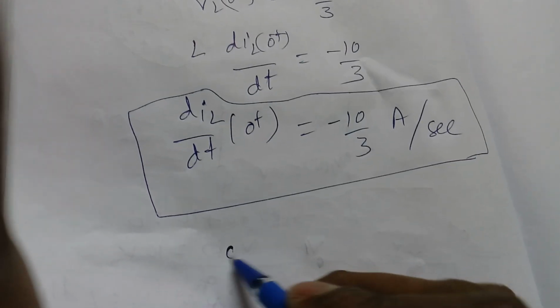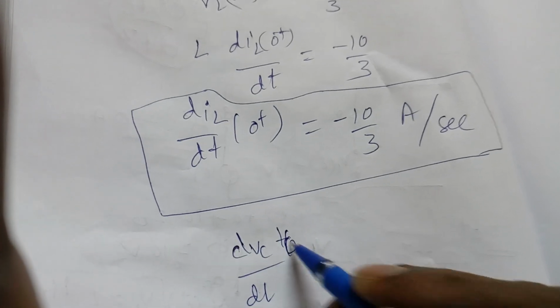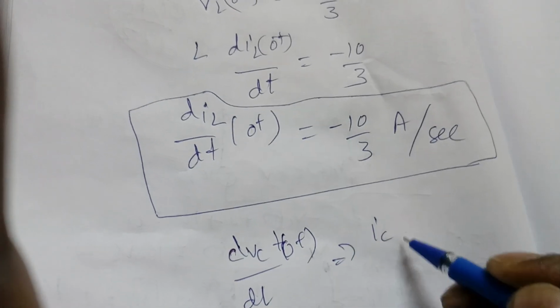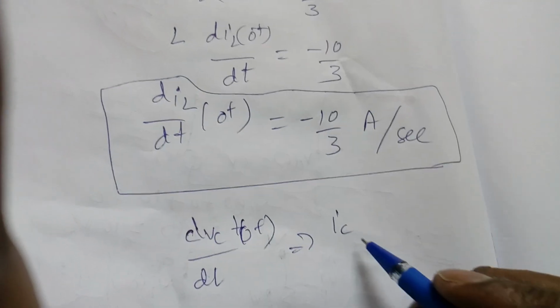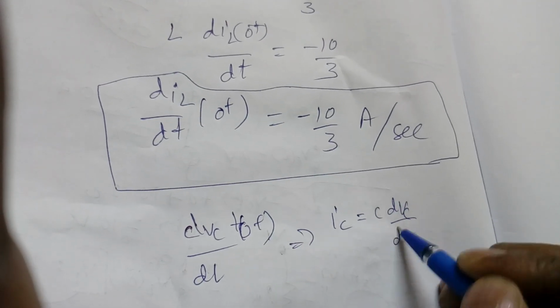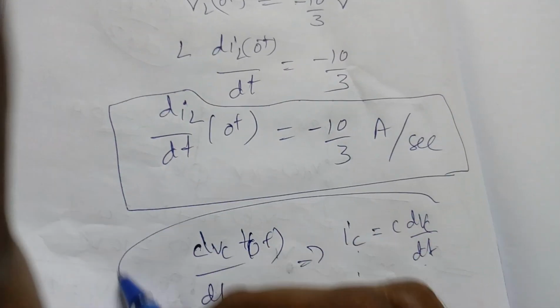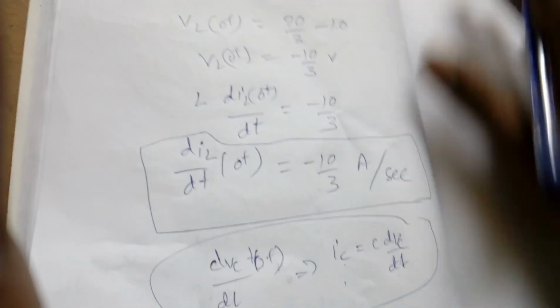If they ask what is dVc by dt at t equal to 0 plus, find IC first, then IC is equal to C into dVc by dt, then we can find dVc by dt as IC by C. So we can solve so many problems like this. These are some problems I did.